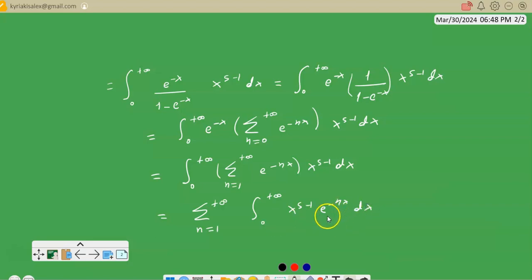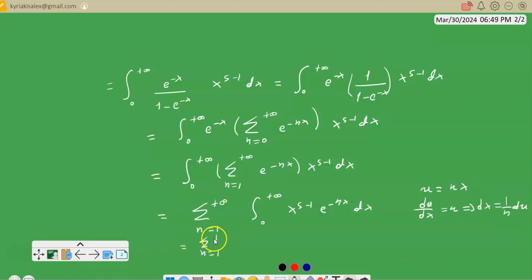Now here we have to find a way for the gamma function to appear. We simply change variable, u equals nx. We change also the differential, so dx is 1 divided by n du. The bounds of integration remain the same because when x equals 0, u is equal to 0, and x going to infinity, u goes to infinity.